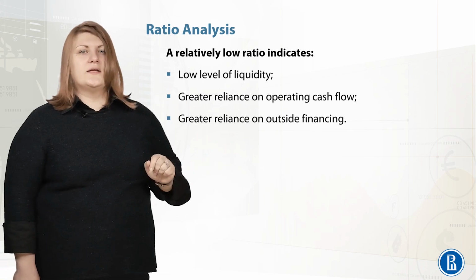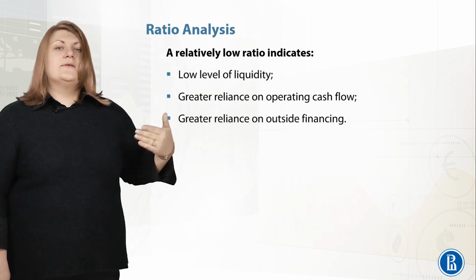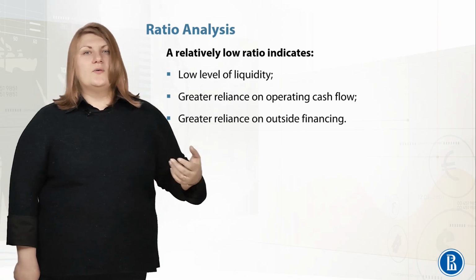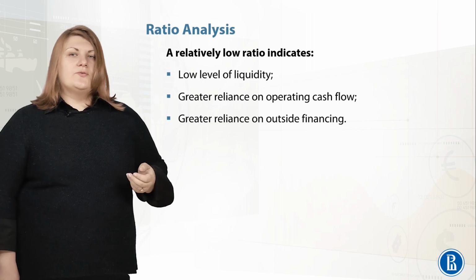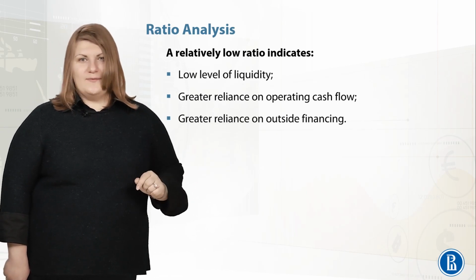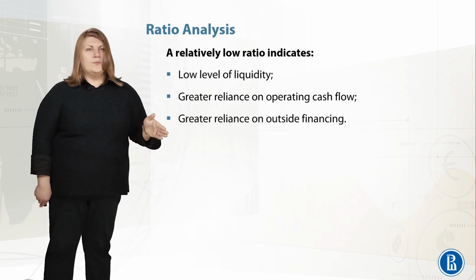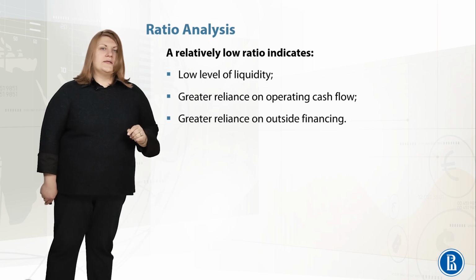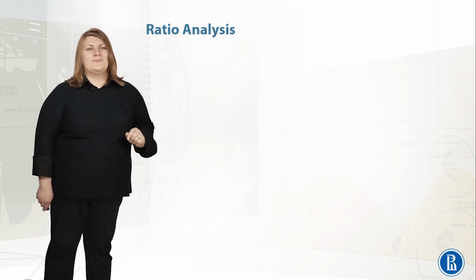The greater reliance on operating cash flow will be represented here, and the greater reliance on outside financing. Traditionally, a current ratio of 2 was often regarded as safe. More recently, ratios closer to 1.5 are increasingly being regarded as acceptable.